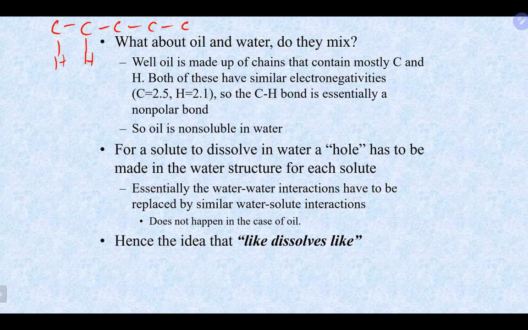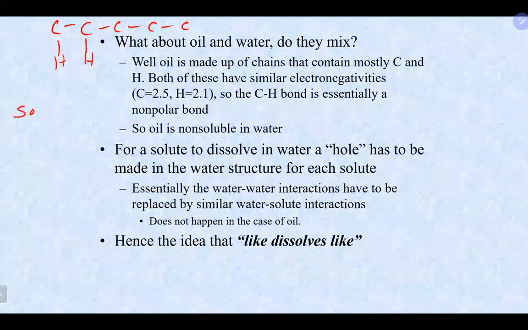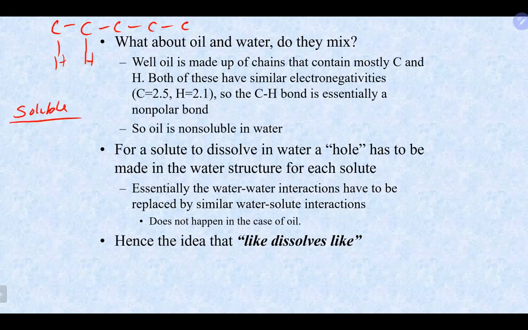So it brings up the idea when we talk about solubility of like dissolves like. And what that means, again, is things with similar intermolecular forces will interact well with one another. So basically, things that are soluble typically are your ionic things and your polar things. Your polar and polar things are going to be soluble in each other.